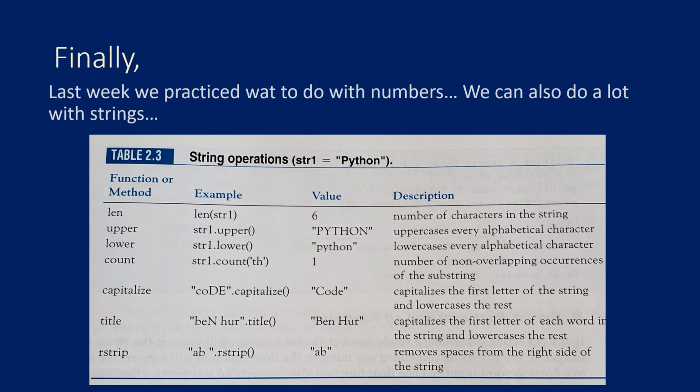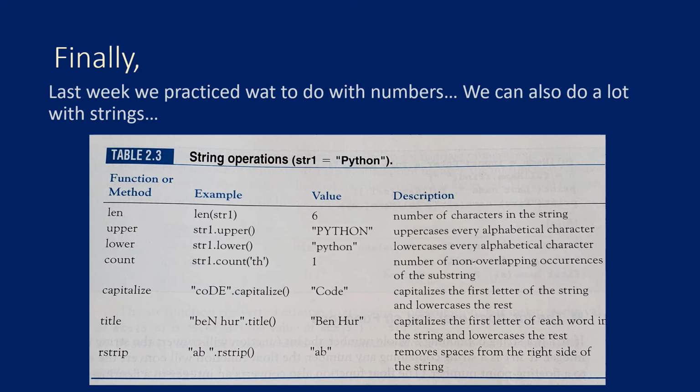So we can find out how many characters long a string is, and we are going to assign that to a numeric variable. So you would have something like how many equals len, parentheses, name, close parentheses. Okay. They're using the example str1 equals Python.